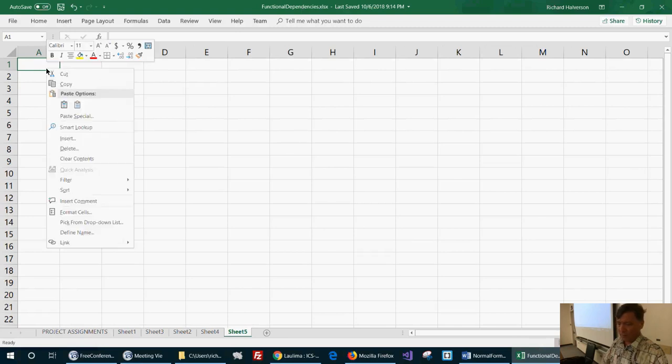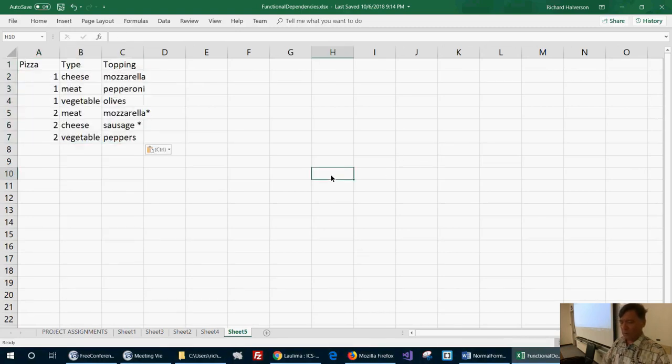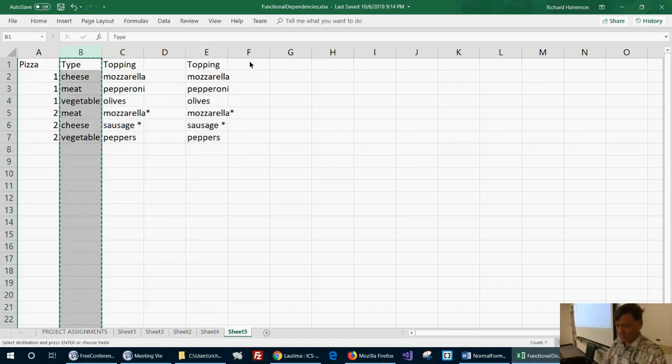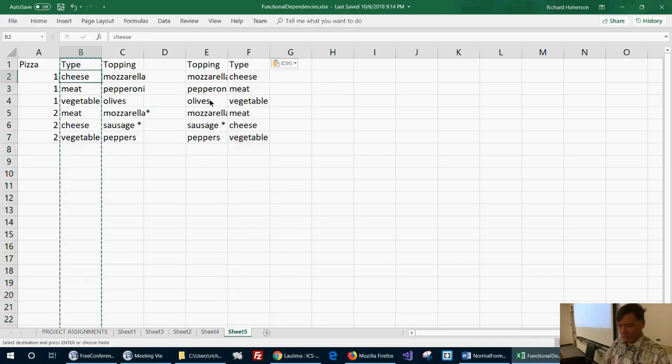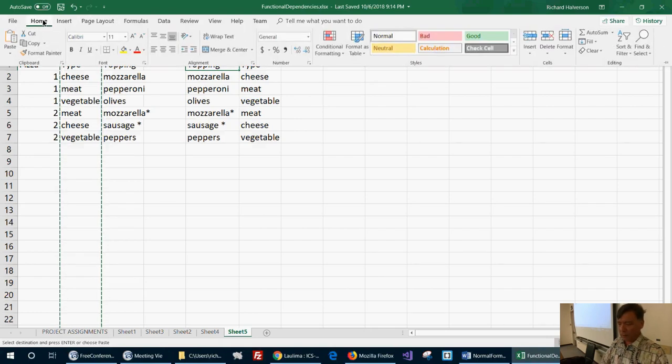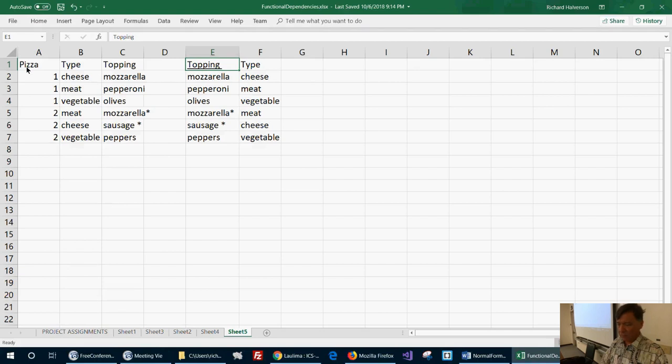Topping, put this here, type, put that here, and we'd probably have to get rid of this. Oh, so topping is the primary key. In this case, pizza and type are the primary key.